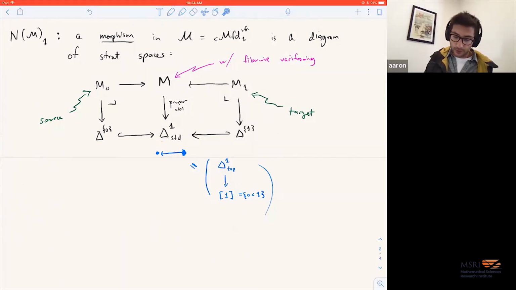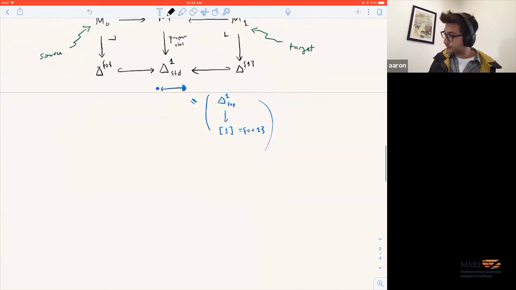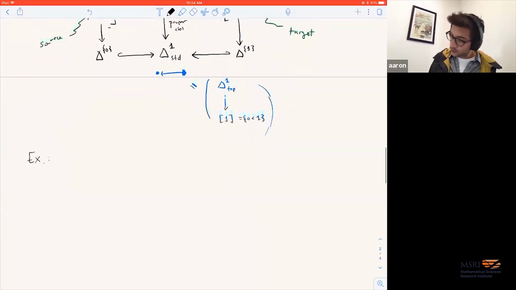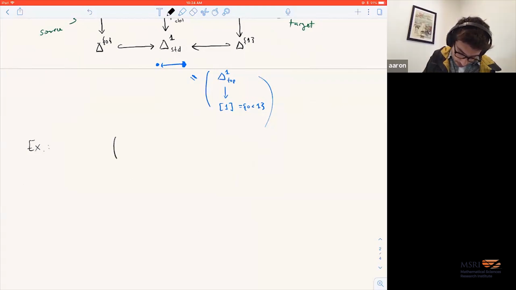And in particular, this is the fiber over the 0th vertex, and this is the fiber over the 1st vertex. And so we have veriframings on M0 and M1 in particular. So indeed, those are objects of this infinity category curly M. Okay, so let me just draw an example here. So here's an example.